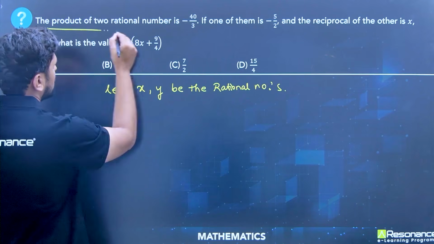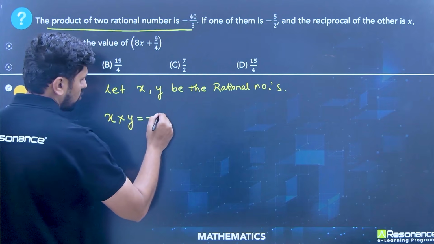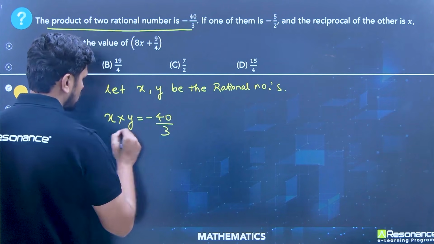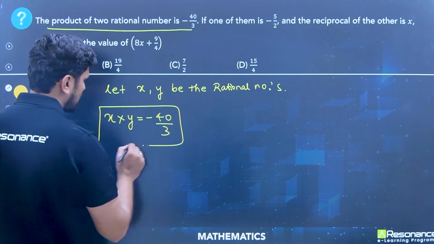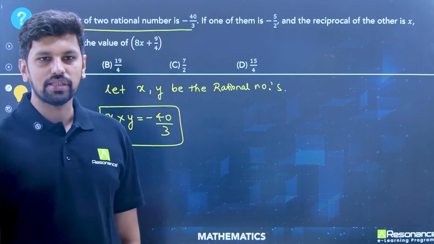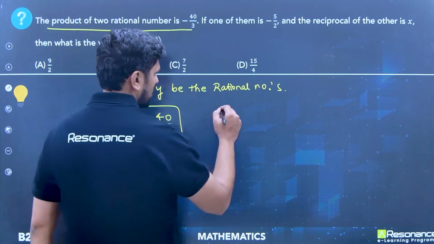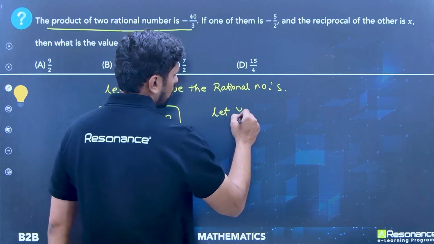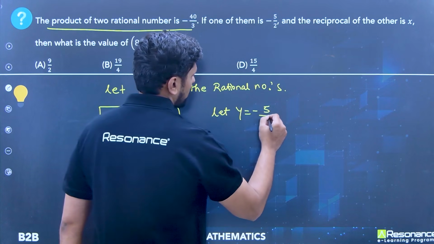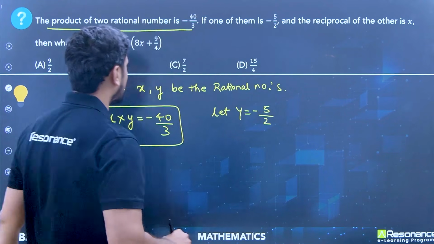So product of these two rational number is given. So x into y is equal to minus 40 by 3. If one of them is minus 5 by 2, okay, let y equal to minus 5 by 2. They are given, and the reciprocal of the another is x.